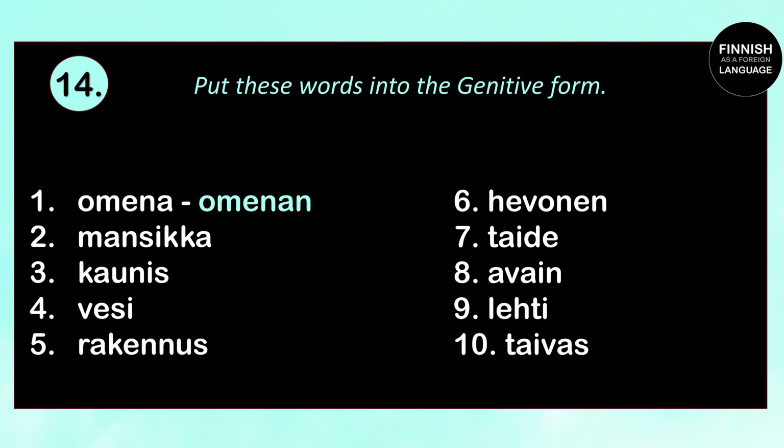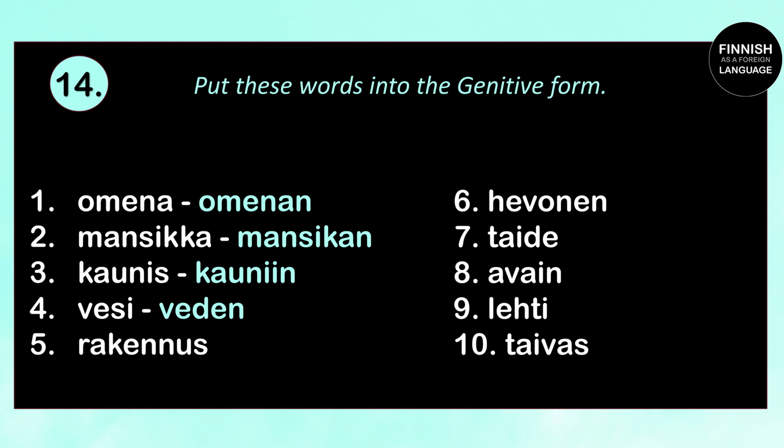Mansikka means strawberry and the genitive case is mansikan. Kaunis means beautiful. The genitive is kauniin. Vesi means water. The genitive is veden. Rakennus means building and the genitive is rakennuksen.